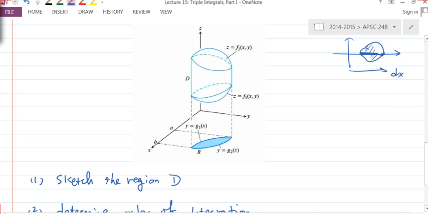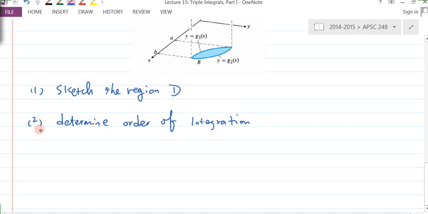It doesn't matter whether dx or dy is next, but it's better to evaluate dz first, and in this case dy next and then dx. So this is the process of determining the order. In my case, the order is dz, dy, and then dx.